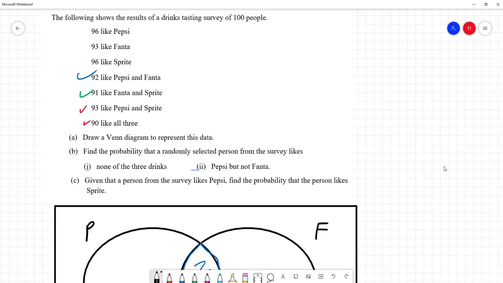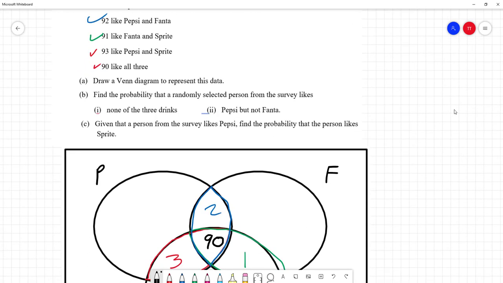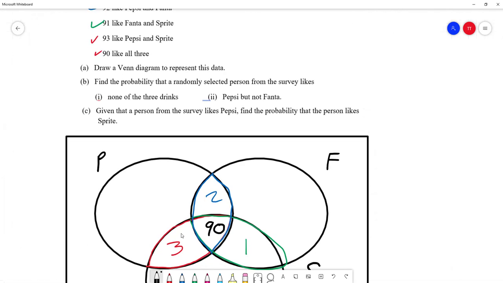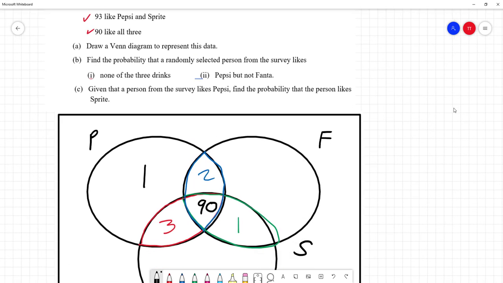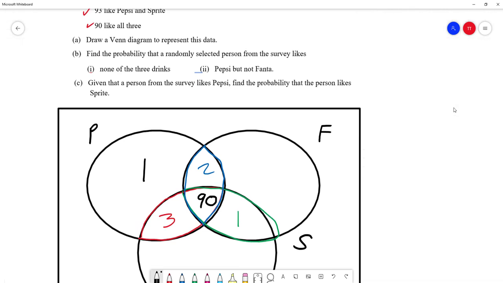So 96 liked Pepsi. So we've got 95 here already. So we've got 1. So that's done. Then 93 people liked Fanta. So we can say, well, we've already got 93 in this section. So we've got 0 here.